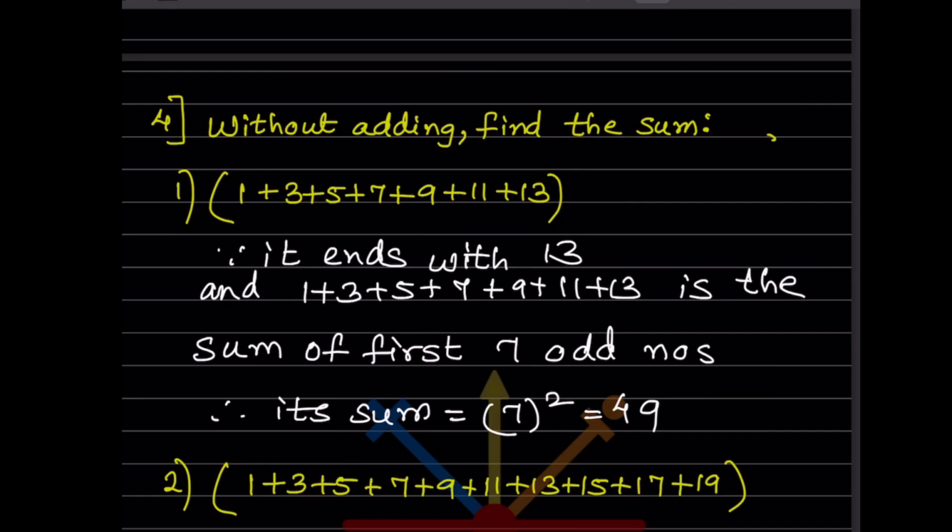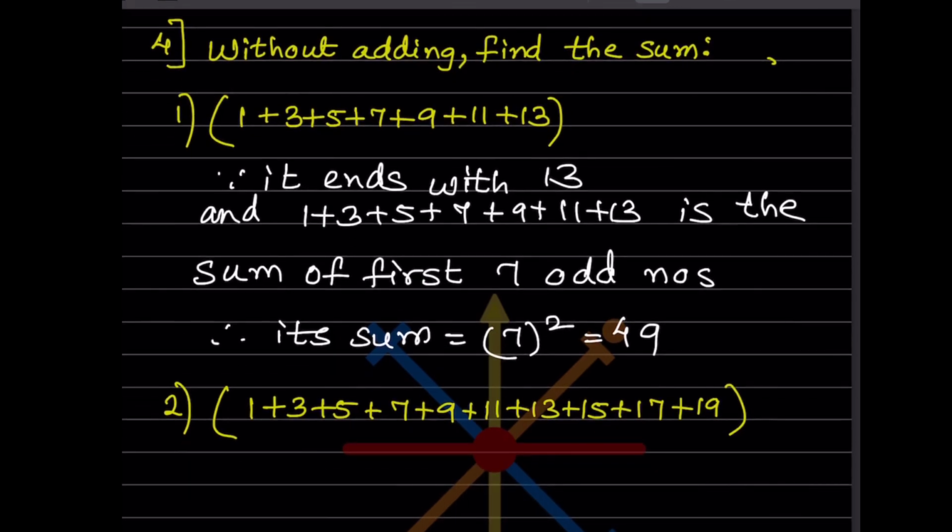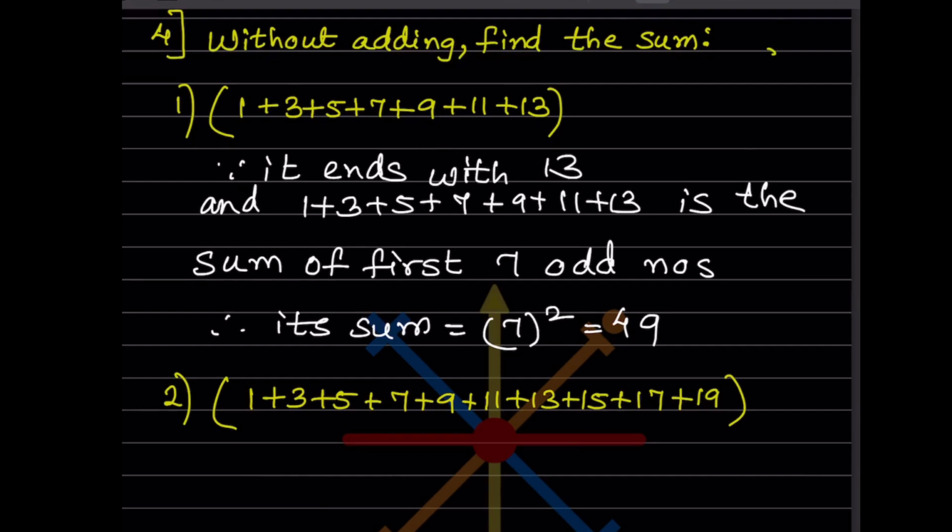Now let us see the next one. How many are here? 1, 2, 3, 4, 5, 6, 7, 8, 9, and 10. So we can write n as 10. So the sum is equal to what?